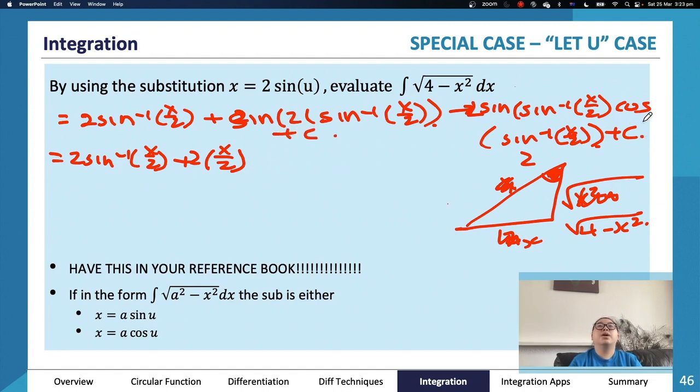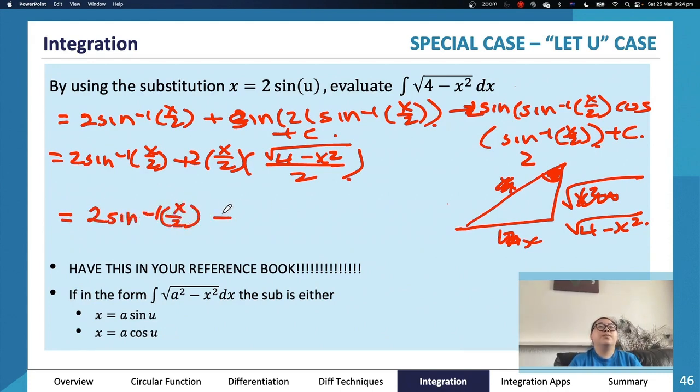And then we'll also have this component, which is going to be root 4 minus x squared over 2. Then if we write it out and simplify it, all in all we'll end up with 2 sine inverse x over 2 plus x root 4 minus x squared over 2.